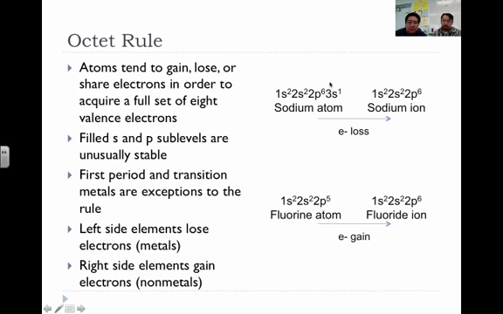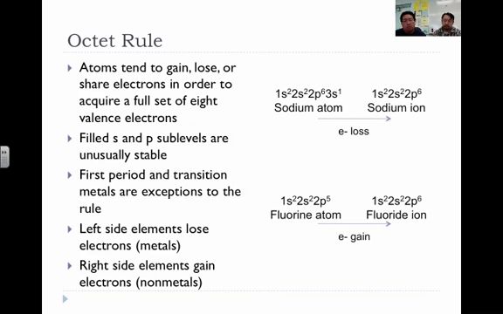So it's easier to lose 1 electron to mimic a noble gas configuration, which represents great stability. So this is why sodium becomes a sodium ion in this fashion always, by losing 1 electron. Fluorine is only 1 away from being like a noble gas, so it will always stabilize itself by gaining 1 electron, and that's why fluorine, when it ionizes, will always have a -1 charge, because it has 1 extra electron than it normally has.